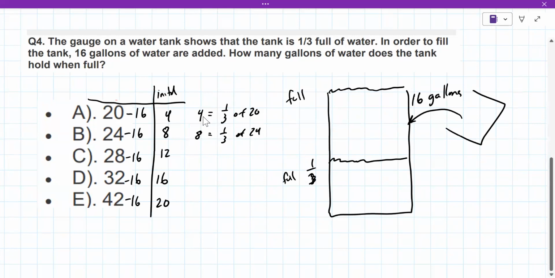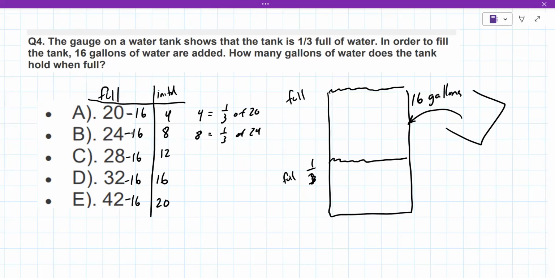Another way to look at it is, if it's a third, when you multiply by 3 you get the full answer. It's the initial amount, so we're working the answers backwards to see, okay, here's the initial amount. Is 8 1/3 of 24? Because 24 represents the full amount.